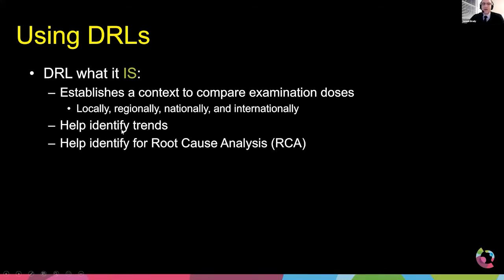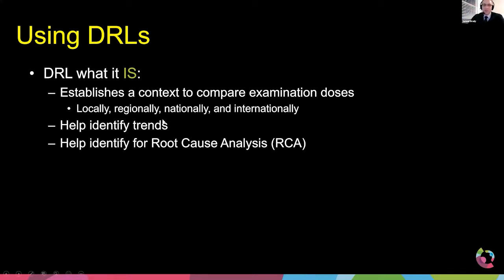And so once we understand these trends, if one hospital is higher than the DRL, or if one hospital is lower, or if one hospital has a bunch of CT protocols that are all below the DRL, except for, say, the non-contrast brain, which is higher, it allows us to see a trend.